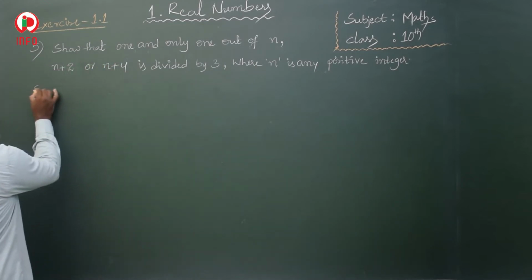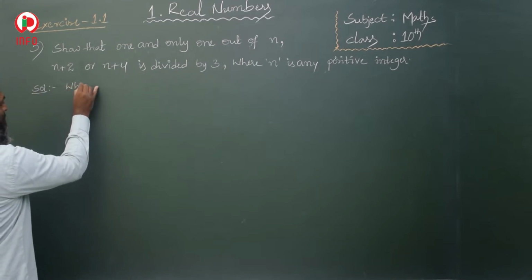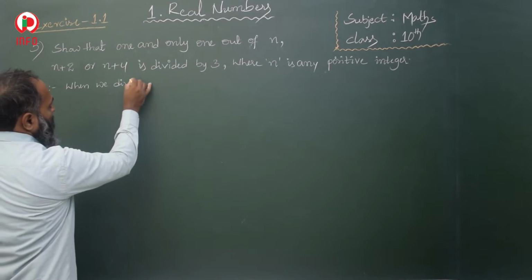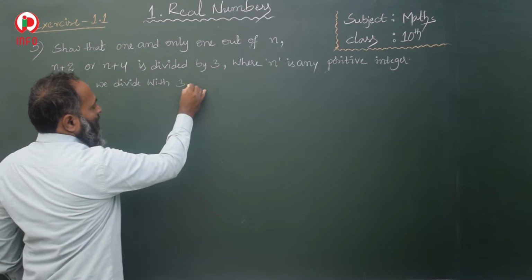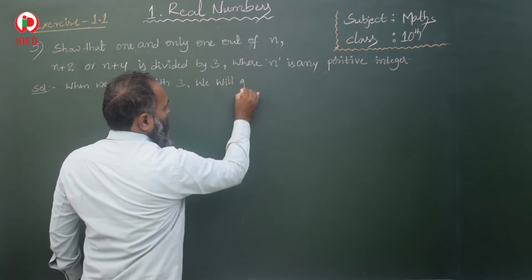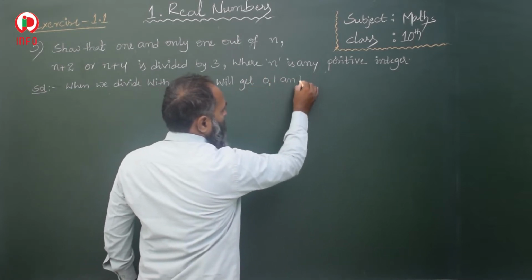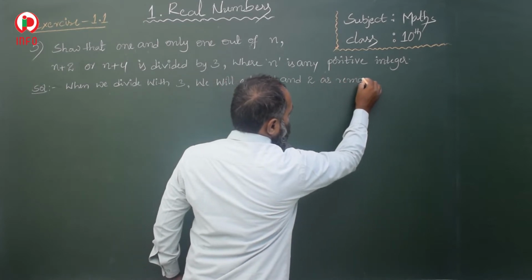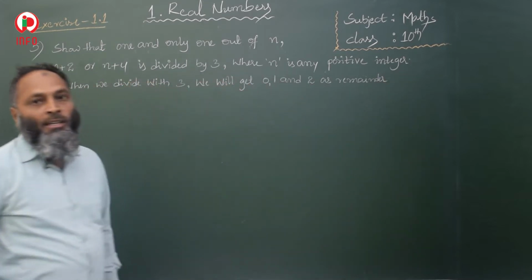In the solution, when we divide by 3, we will get 0, 1 and 2 as remainders.